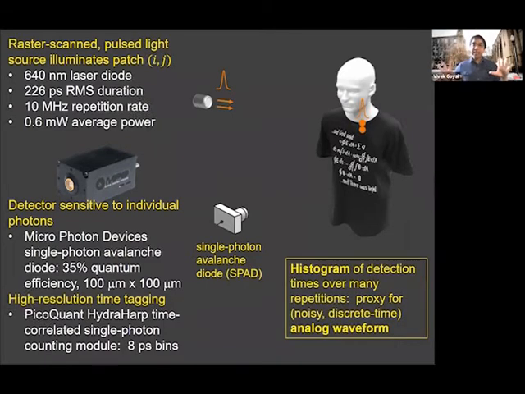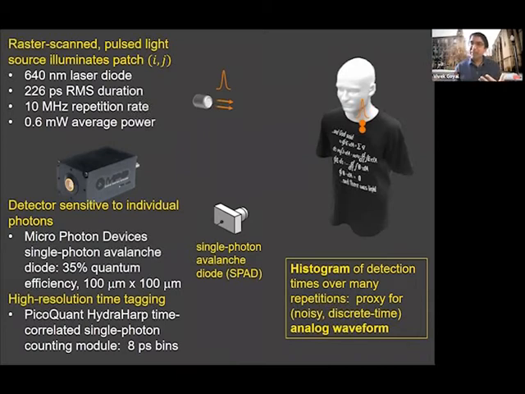Now, an unstated assumption in most of the work in single photon lidar is that a histogram of detection times over many repetitions is treated as a proxy for the analog waveform of the earlier discussion. It's in discrete time because of the finite resolution of the time tagging, and it's noisy.